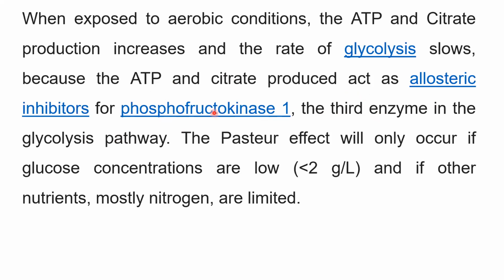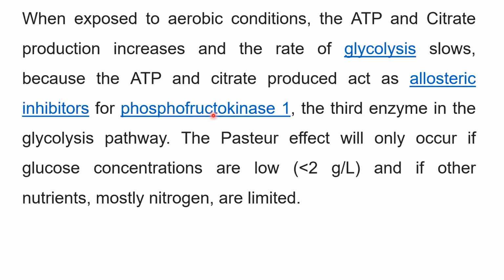Glucose is converted to glucose 6 phosphate. Glucose 6 phosphate is converted to fructose 6 phosphate. Fructose 6 phosphate is converted to fructose 1,6 bisphosphate, and this is the enzyme that catalyzes that conversion.